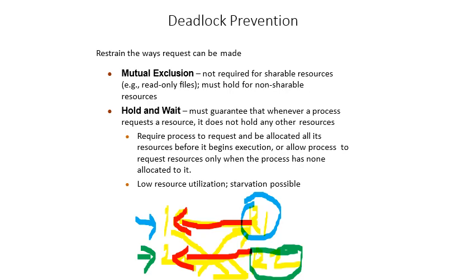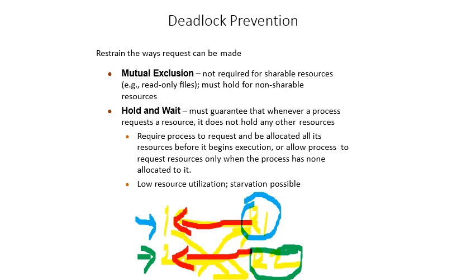And in case of low resource utilization, starvation is possible. Starvation happens when there is a lack of resources. Suppose for example there are only R1 and R2.